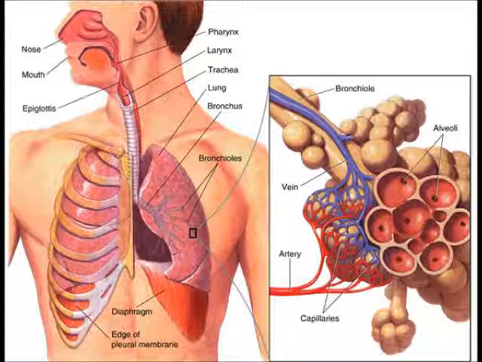So think about it like this. If this is your capillary right here, and this is your alveoli, think about it like a box. If you have your O2 right in here at the top, this oxygen needs to go through, first of all, your epithelial cells, and then it has to travel through your basement membrane, and through your connective tissue, and then through the endothelial cells of the capillaries.